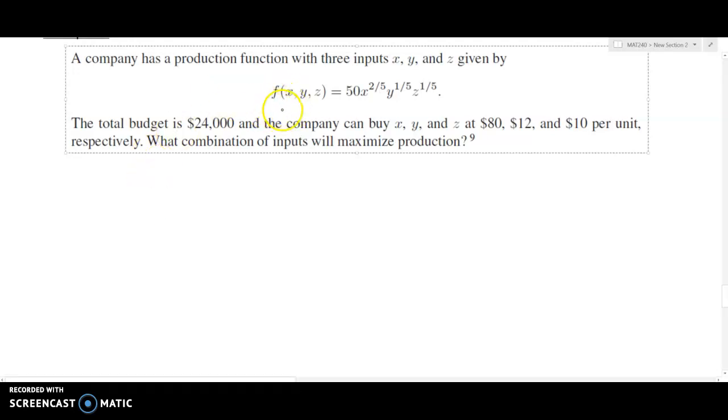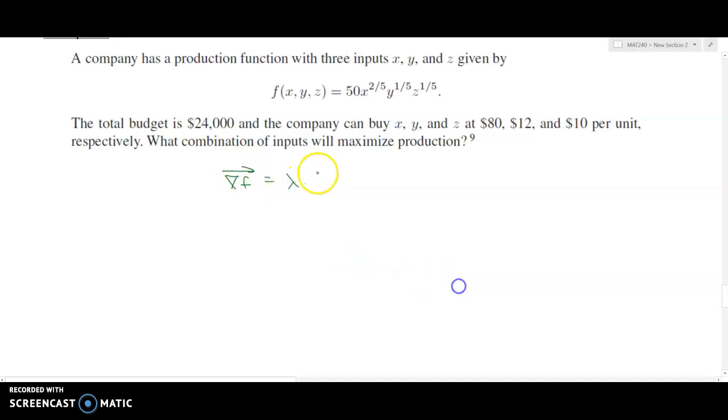So when we're talking about using the gradient, we know that in order for an optimal value to occur, the gradient of f has to be a multiple of the gradient of g. The vectors have to point in the same direction. So we need to compute these things, and we also need g of x, y, z, our constraint, to be constant.